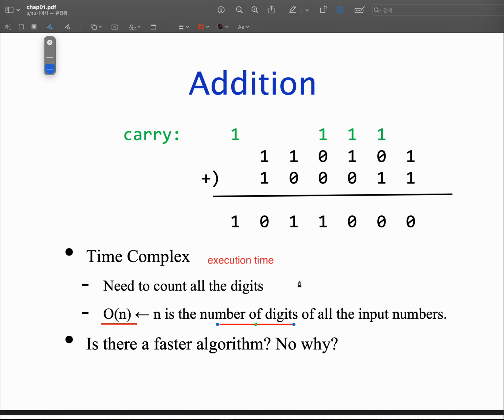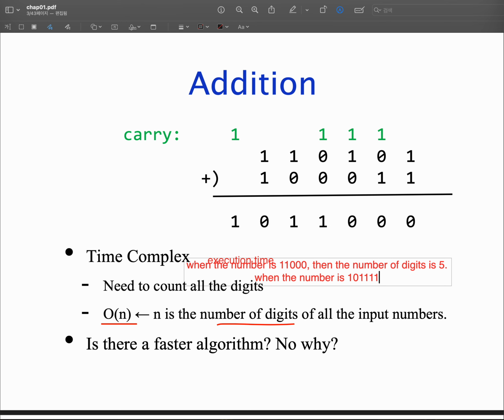For example, when the number is 11000, then the number of digits is 5. When the number is longer, then the number of digits is 6.